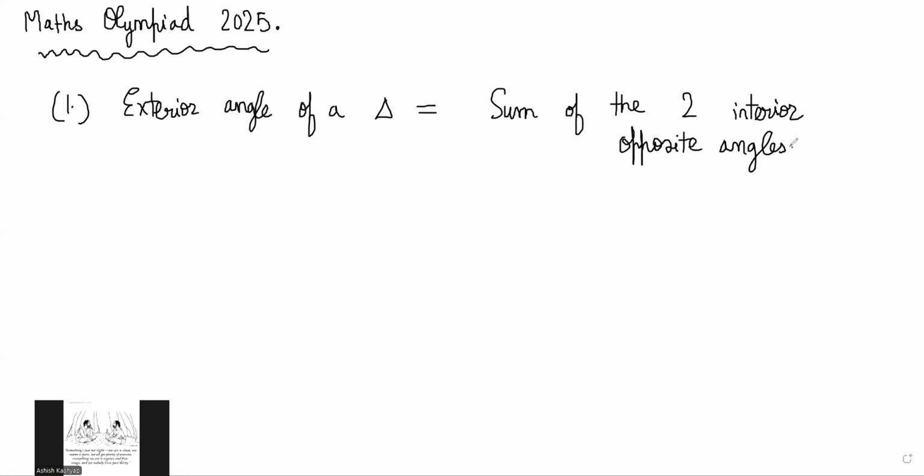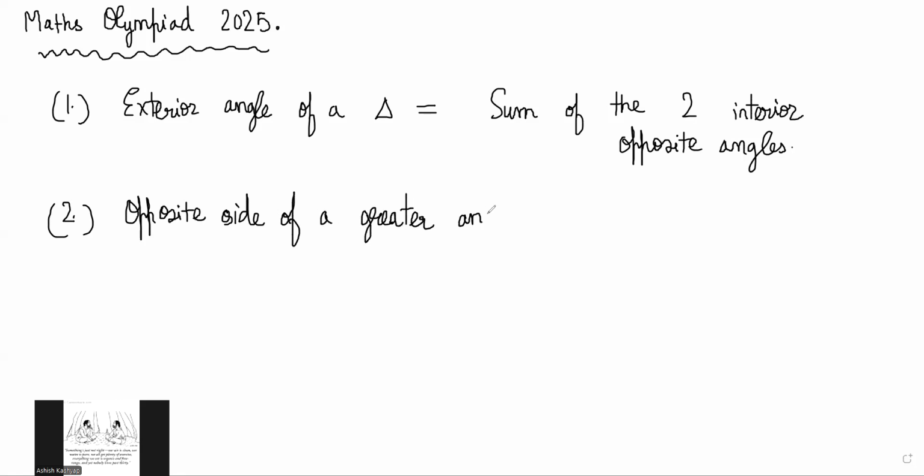Then there are some results which are important in some of the problems that you will see in this worksheet. For example, the opposite side of a greater angle is greater.